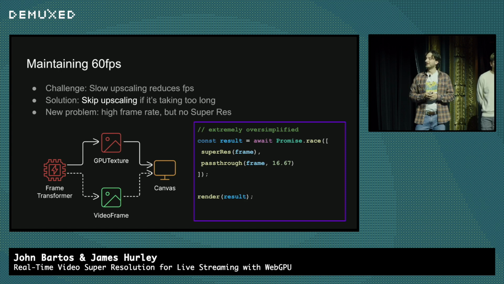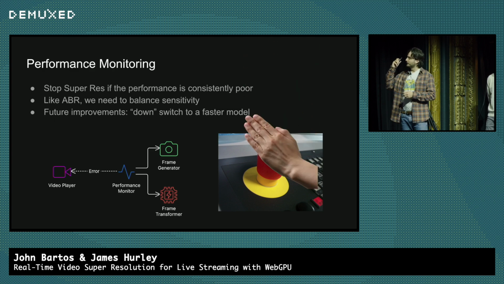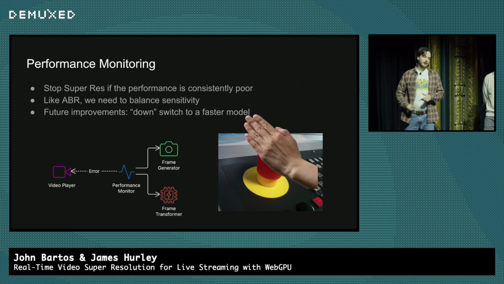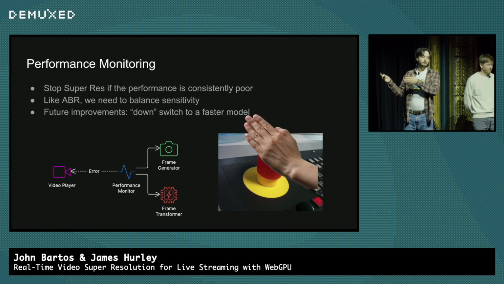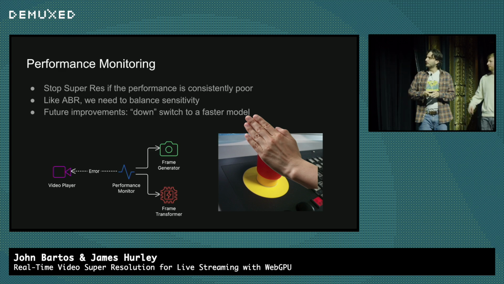So we've just created a new problem. If the GPU is categorically too slow to do SuperRes, and we're using the viewer's GPU and showing them no benefit, then that's not a good product. In comes the performance monitor we mentioned. The performance monitor is ready to hit the red button if something like low frame rate is occurring or a high number of over-budget frames. It's a pretty naive algorithm right now.